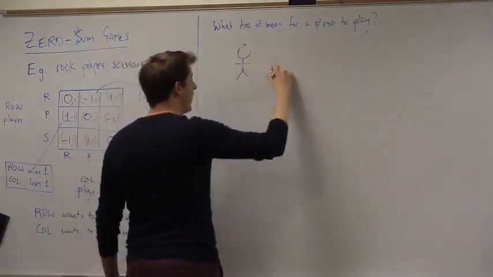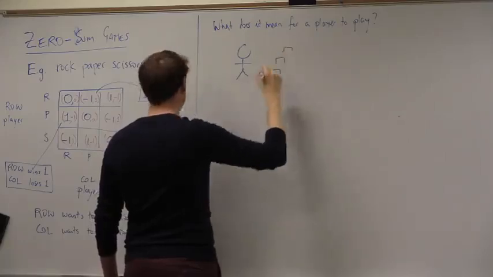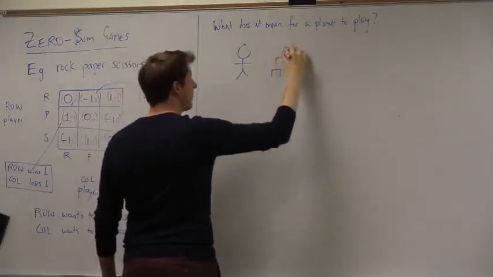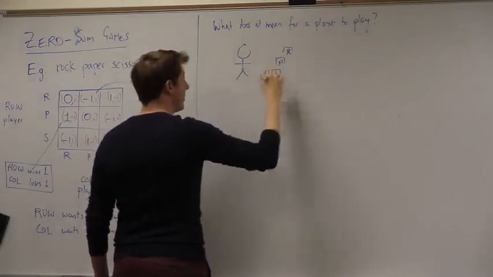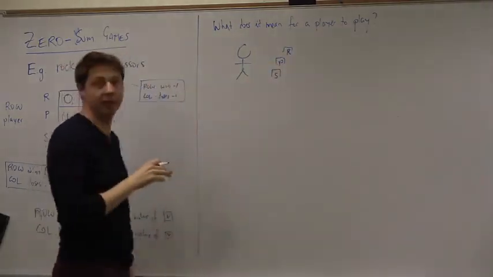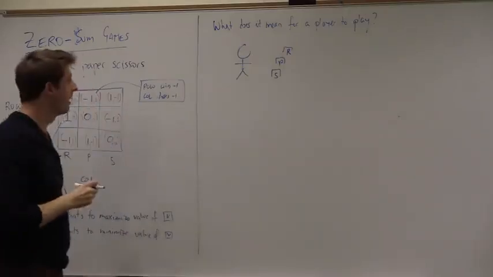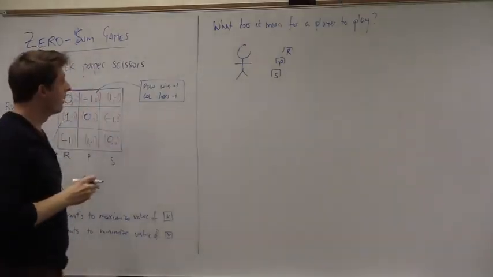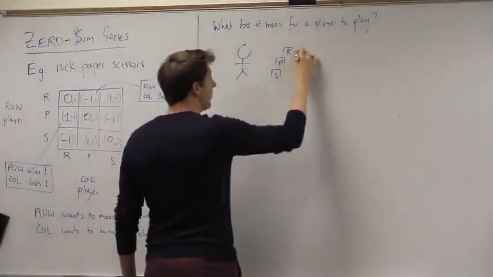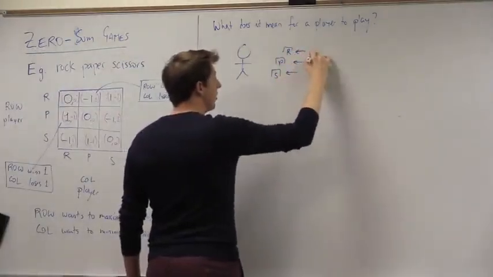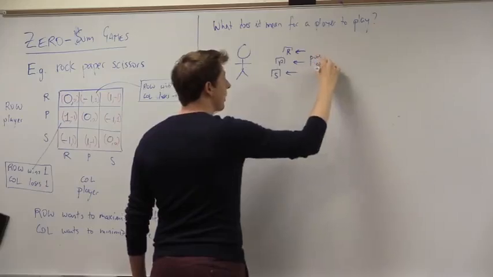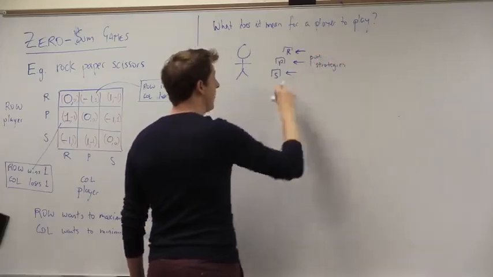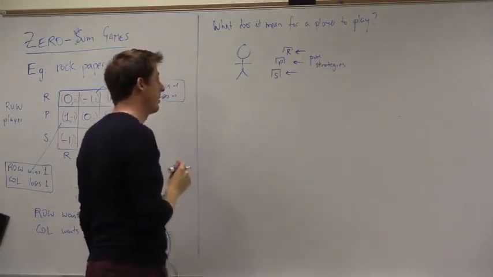In front of him, he has several buttons. There are 3 buttons corresponding to rock, paper, and scissors. And he gets to choose which one to pick, to press and play.